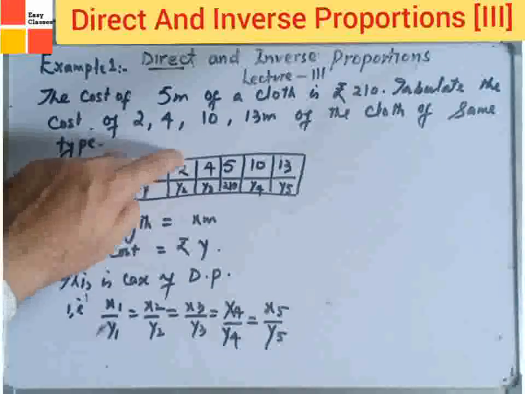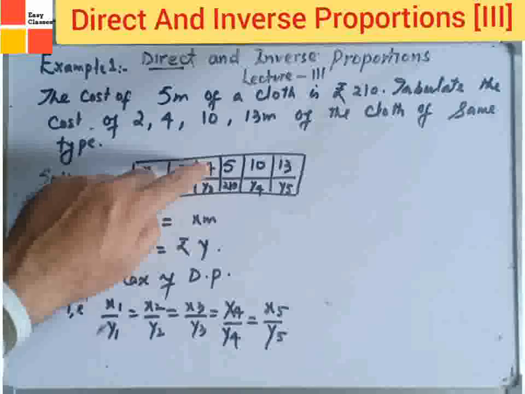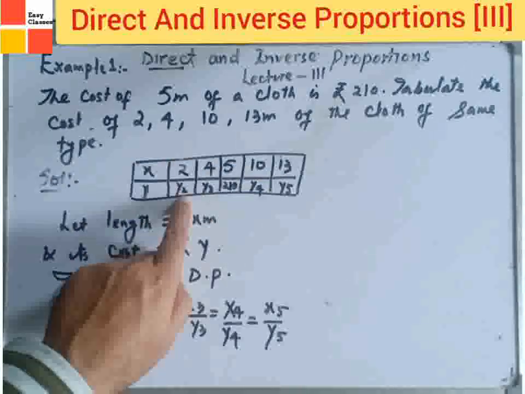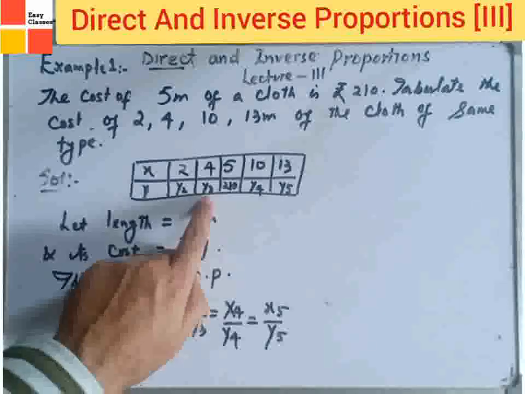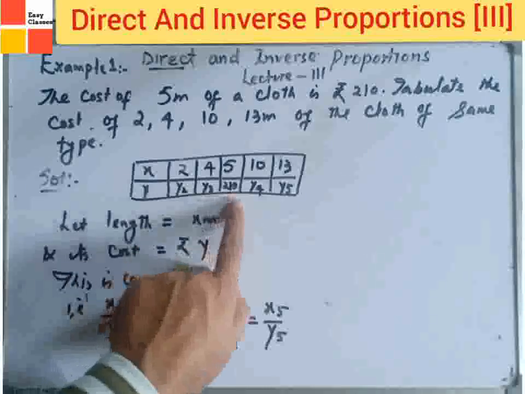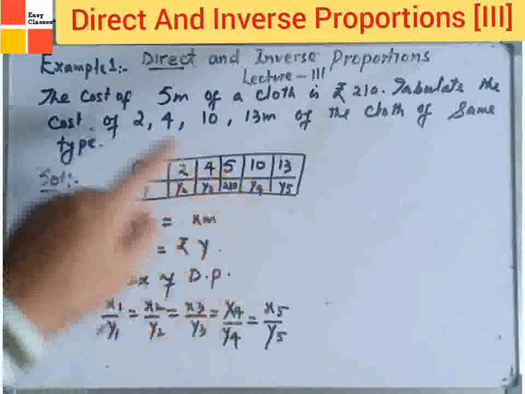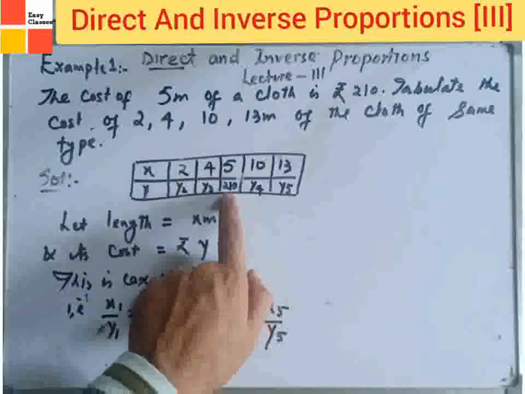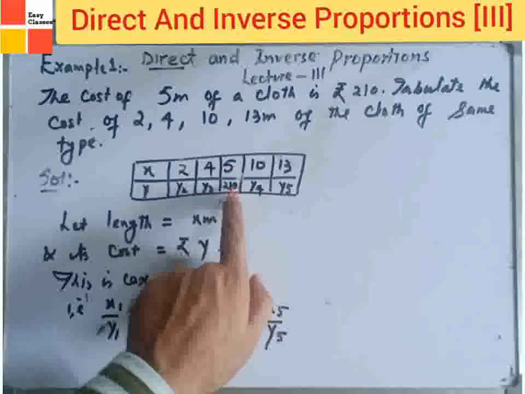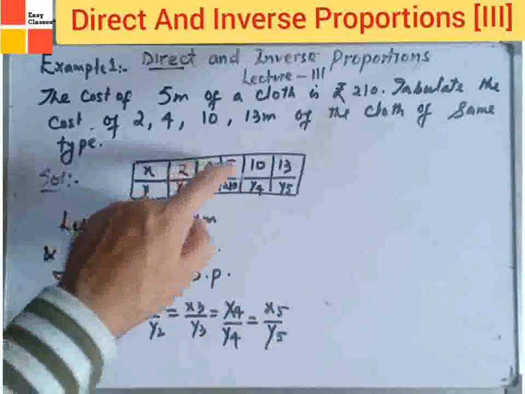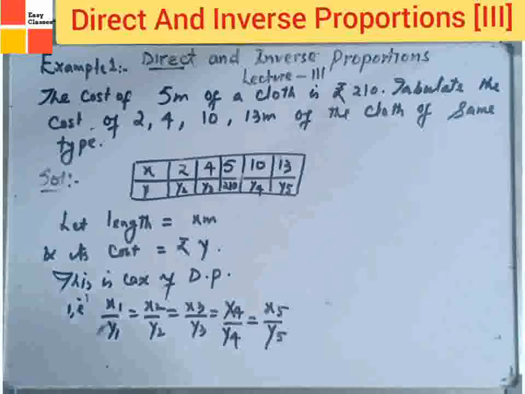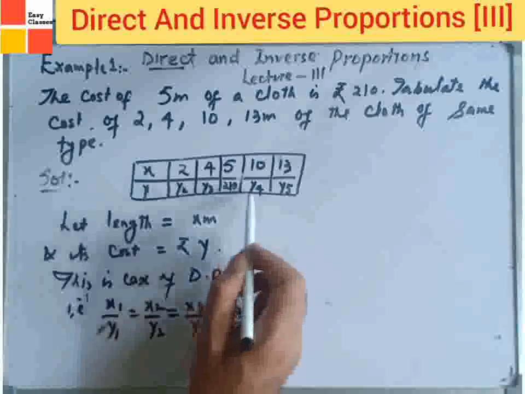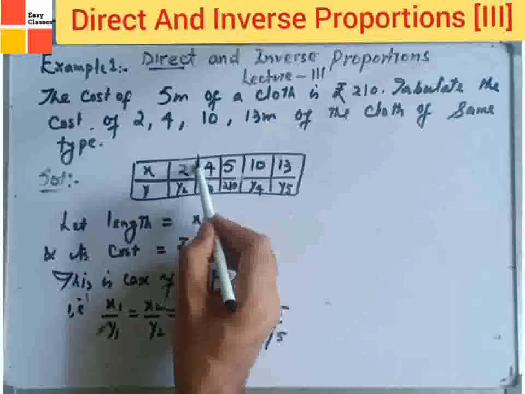So this is x1, 2, 4 is x2, this is x3, x4, x5, this will be y1, this is y2, y3, y4, y5. Because this is given, 5 by 210, this is x1, y1. In order to find the values of y2, y3, y4, y5, I will take these two.